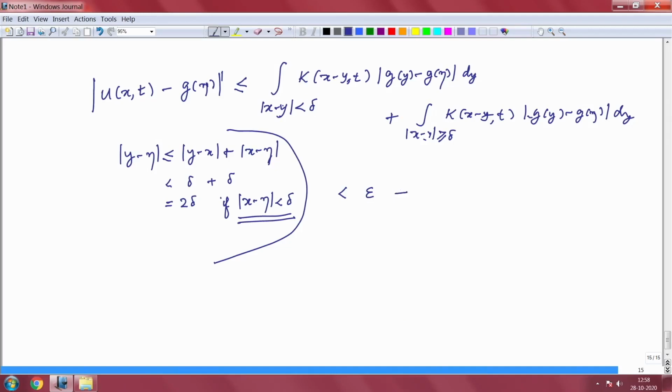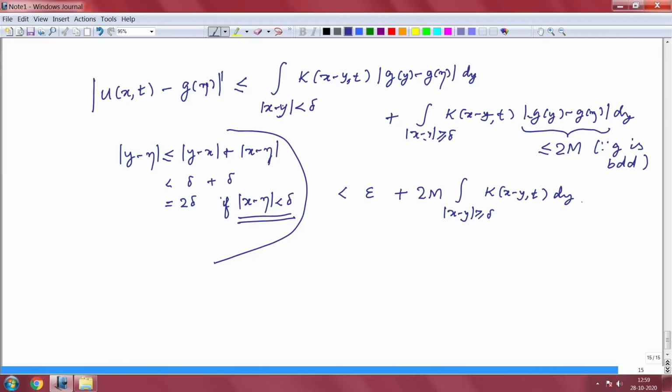The second one: we are assuming g is bounded, with m the bound on g. So, this is less than or equal to 2m times the integral over |x - y| bigger than or equal to delta of k(x - y, t) dy.